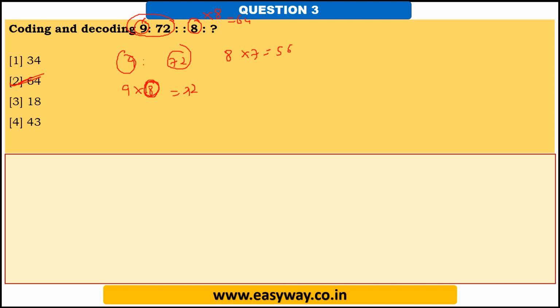Like in this case we saw 9 and 72. So we made the conclusion that the number will be the next smaller number, and we have to multiply this. That is 9 into 8 equals 72. So 8 into 7 will be 56, but 56 is not in the options. That means we are simply multiplying 8 with both of the codes. So 9 is 72 and 8 is 64. So option number 2 is the correct answer.